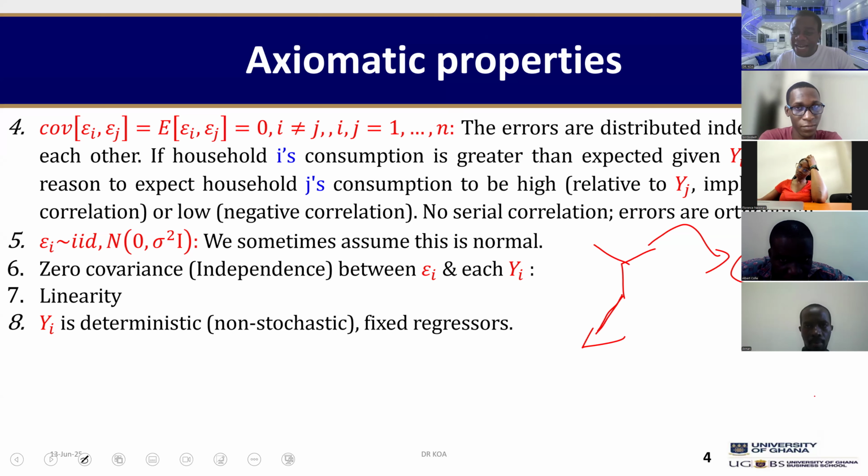What other factor can affect consumption? We spoke about the size of the family, okay? So let's assume that family size, let's just call it S. If family size is affecting income before income will affect consumption, this is called multicollinearity.